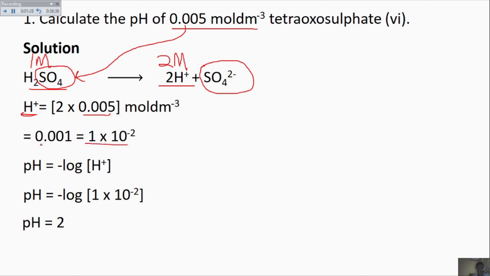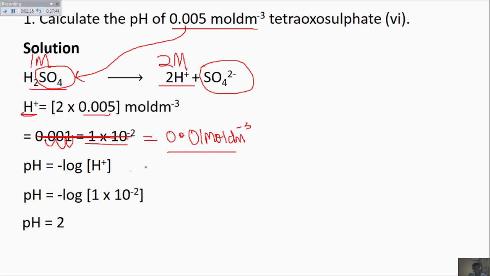When you multiply this by 2, what you're supposed to get here is 0.01 mole per dm cube, not 0.001.